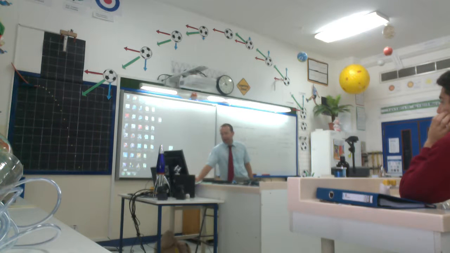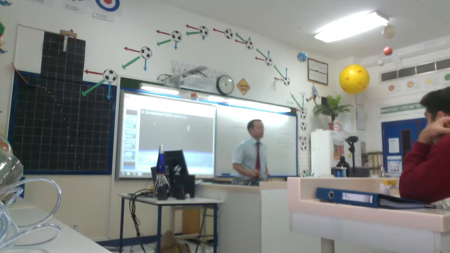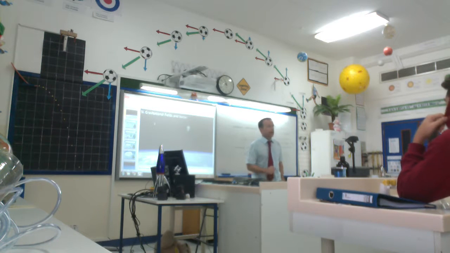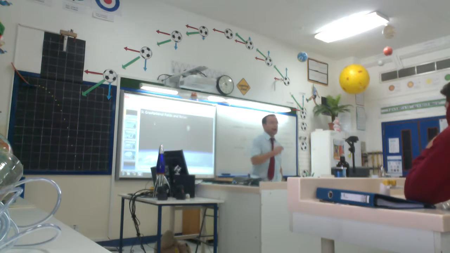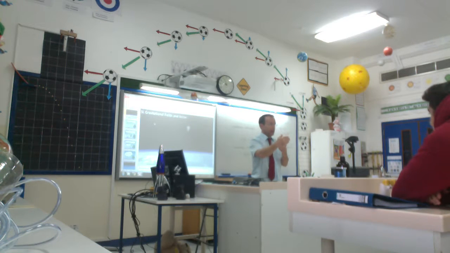Let's get back to what we're doing, which is Kepler's third. Now, at the end of the last lesson, I asked you to take some data and try and analyze it using data of orbital periods and orbital radii of the planets in the solar system, and to try and do a log-log analysis to work out what the relationship is between the orbital period of the planet and its distance from the sun.